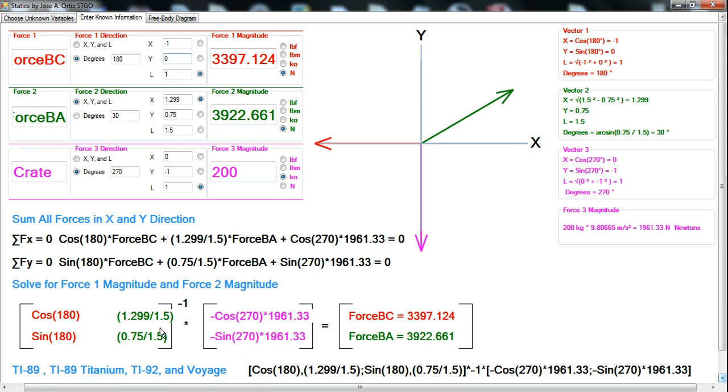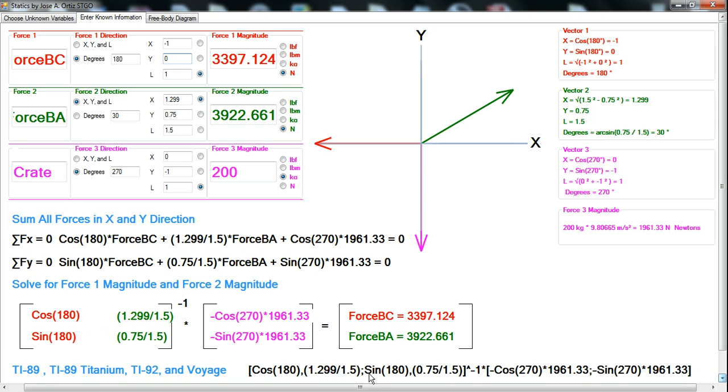For the first matrix, you use the bracket, cosine of 180, comma, 1.299 divided by 1.5. This represents your first row. To start the second row, you separate it with a semicolon.